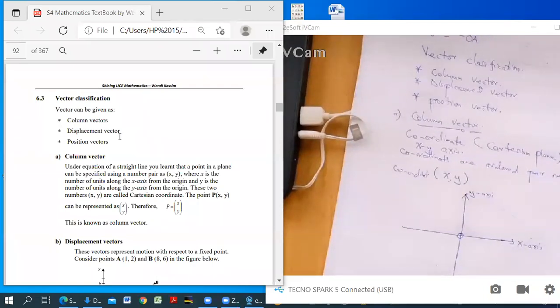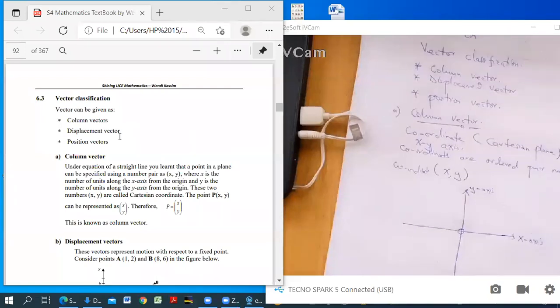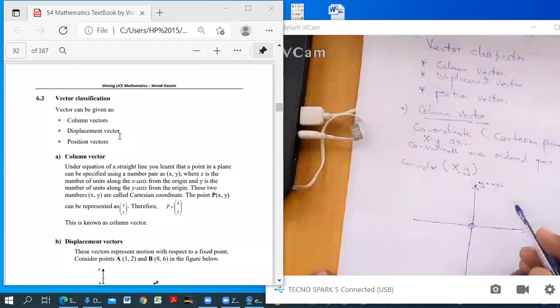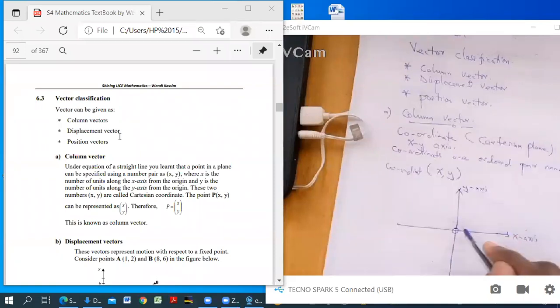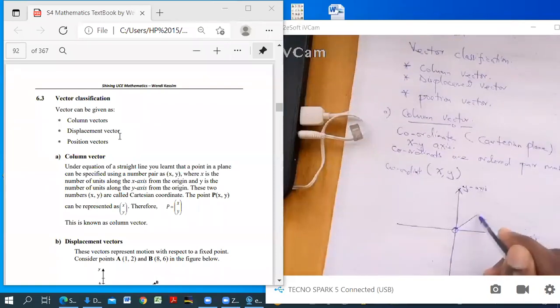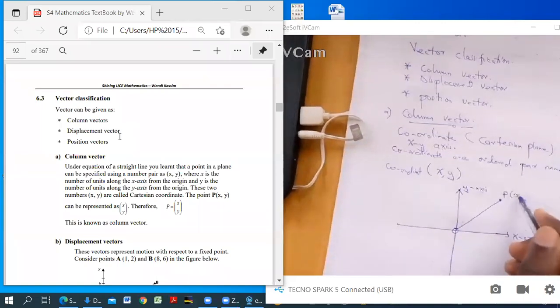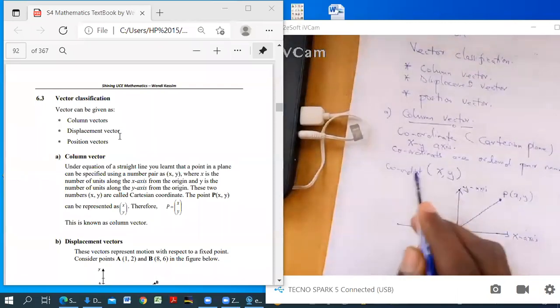All movement starts from where? From the origin. So if I have a vector P, there's a point P, which is X, Y.